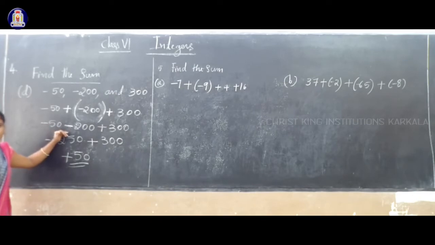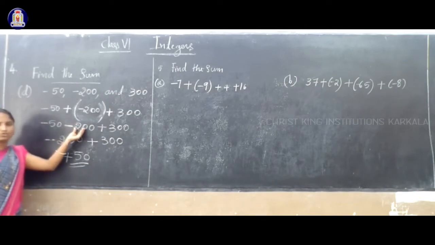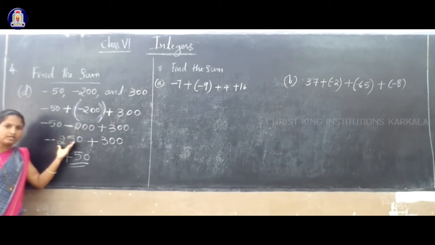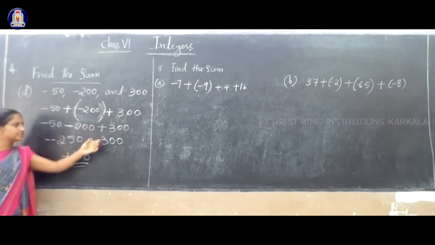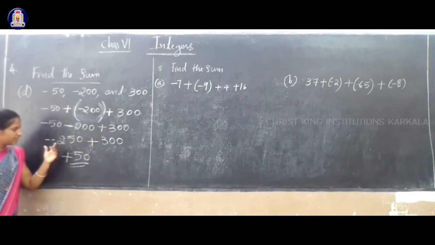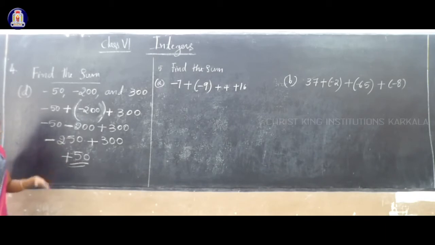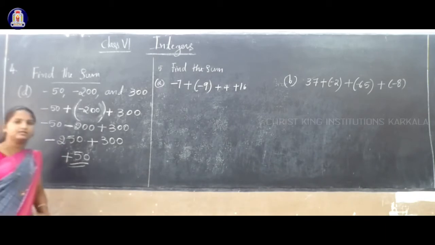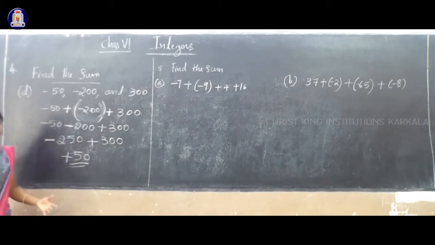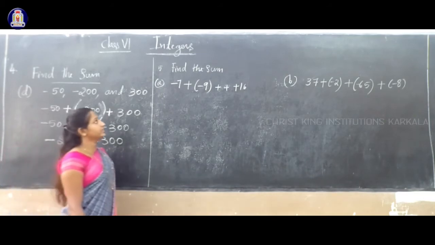If the sign is same, then you have to add the integers. So 50 plus 200 is 250, and minus 250 plus 300. The answer is plus 50. Okay? Now we'll solve the next question.